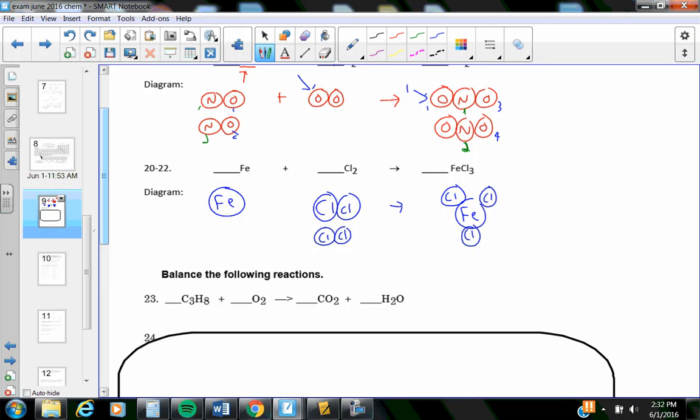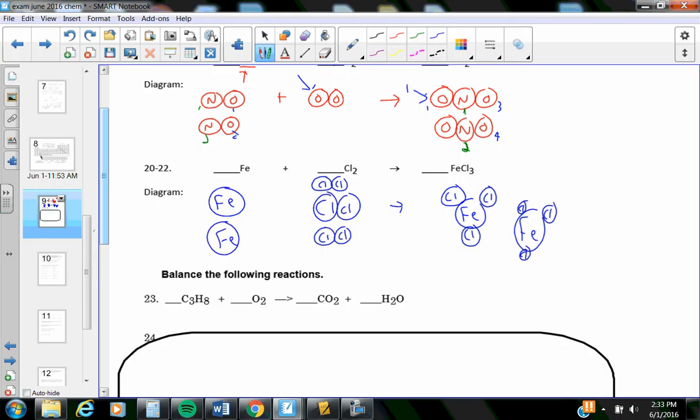So I'm apparently going to need another one of these FeCl3s. Now what do I have? Now I have 6 chlorines on this side and only 4 on this side. So I come back and make another Cl2. There's 6 and 6. Everything matches except the amount of Fe's, which come separate. They're not joined together.